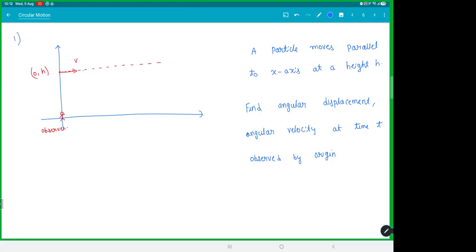Right, that is fine. Now, how do you differentiate that? Get the angular velocity at time t.